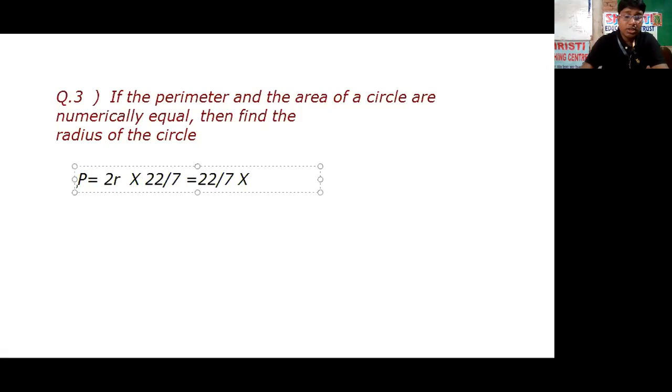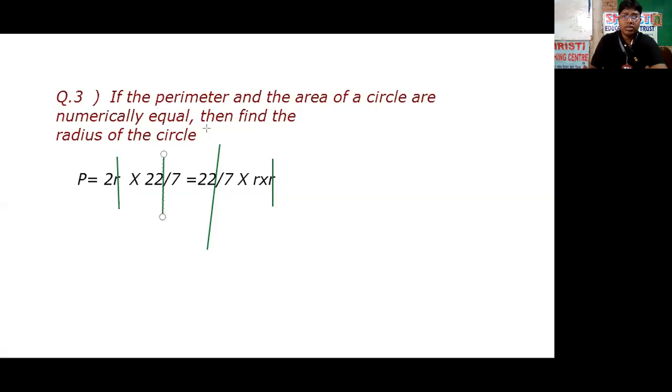Pi r square, that means r into r. So simply you can observe here, one r and this r is already cancelled. 22 by 7 and 22 by 7 is already cancelled.